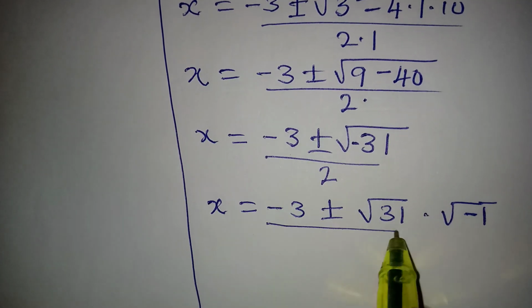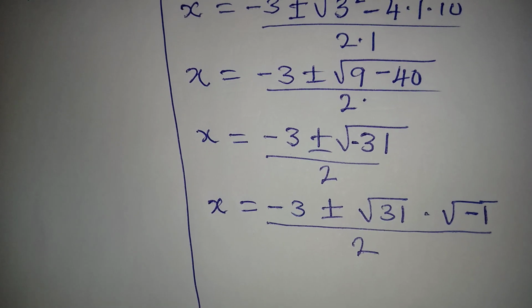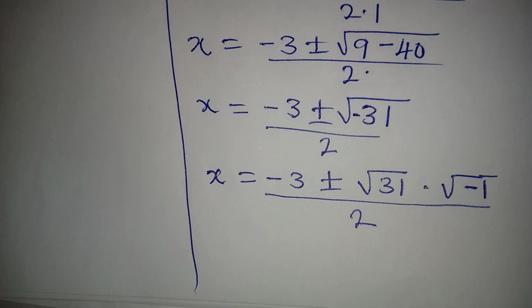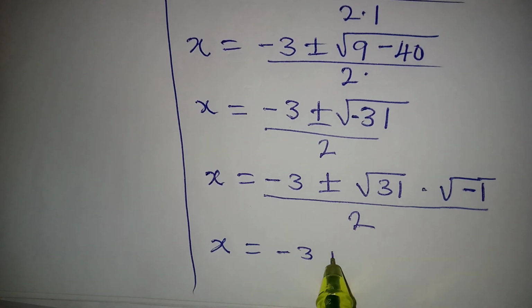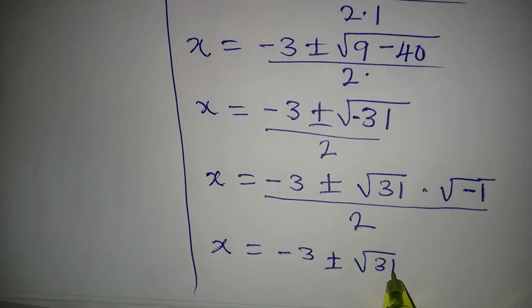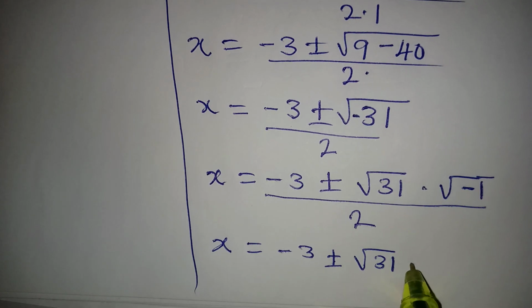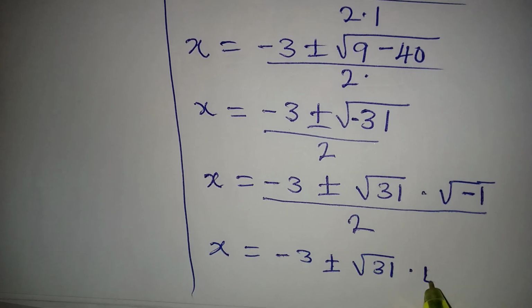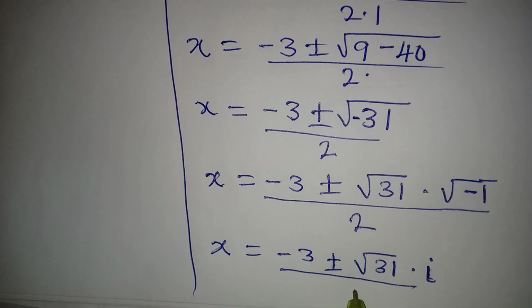And all of this will be over 2. And from here again, what can we understand? We can say that x is equal to minus 3 plus or minus square root of 31. I don't want us to have decimal number, so let's leave this. Then multiply by I, because square root of negative 1 is I, and all of this is over 2.